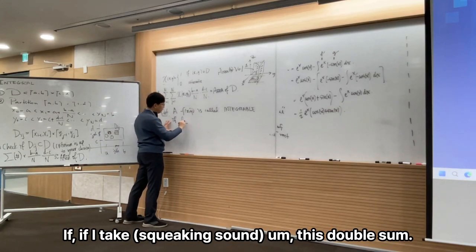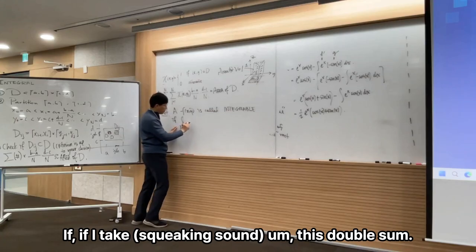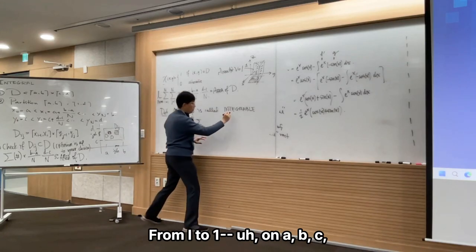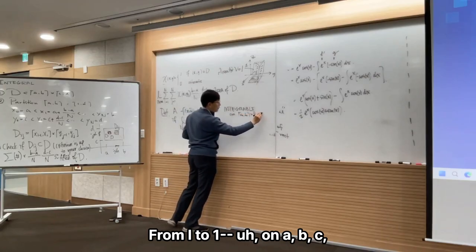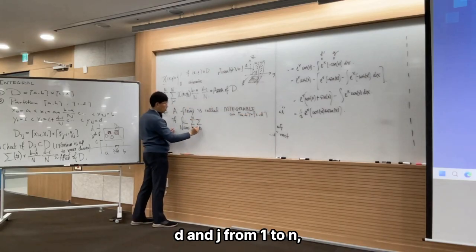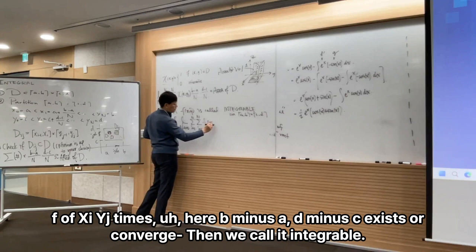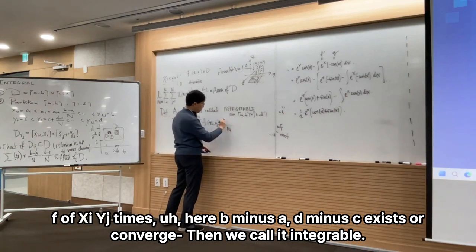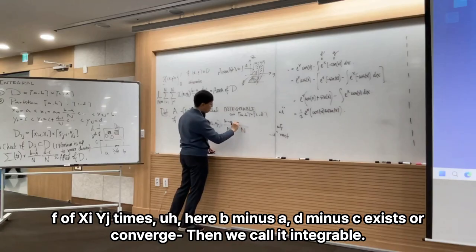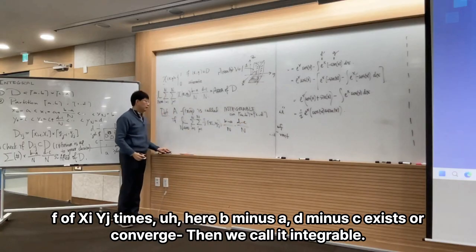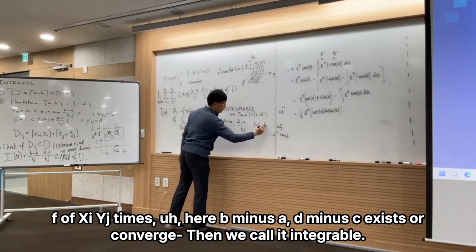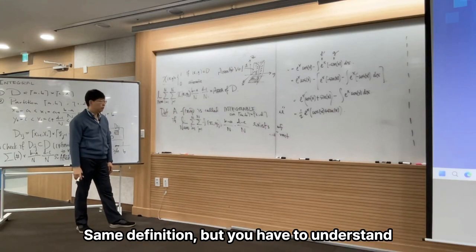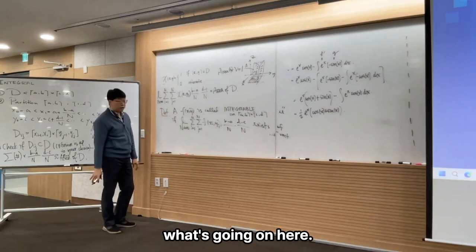If I take the double sum, i from 1 to n and j from 1 to n, of f(xi, yj) times (b minus a)(d minus c) over n squared, and it exists or converges, then we call it integrable. Same definition.